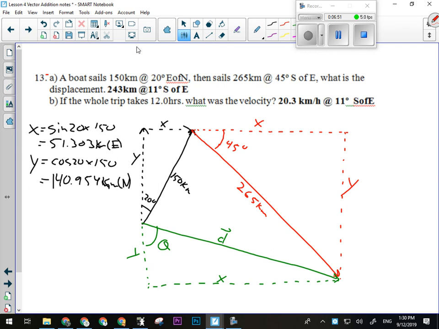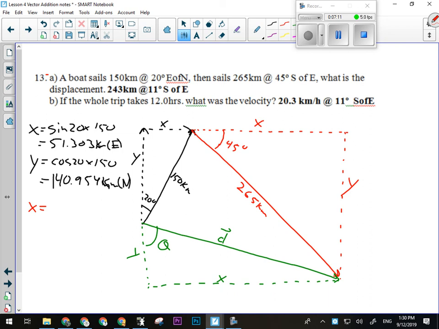Okay, but can I save myself some time with the red triangle if I recognize something? Yeah. The 45-degree angle. The sides are the same. Yeah, x and y are the same. In a 45-degree triangle, the sine of 45 and the cos of 45 are the same number, because it splits the triangle evenly.